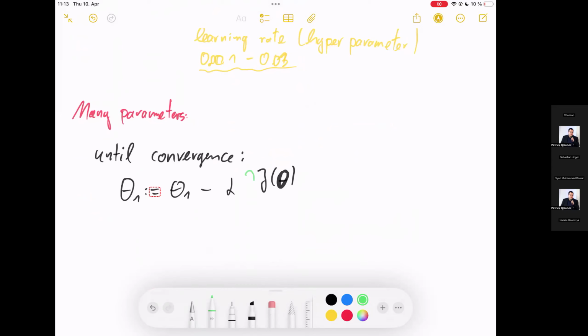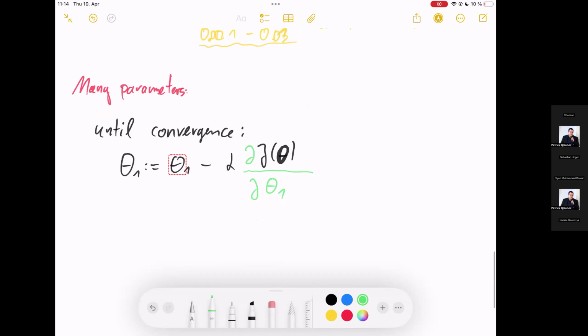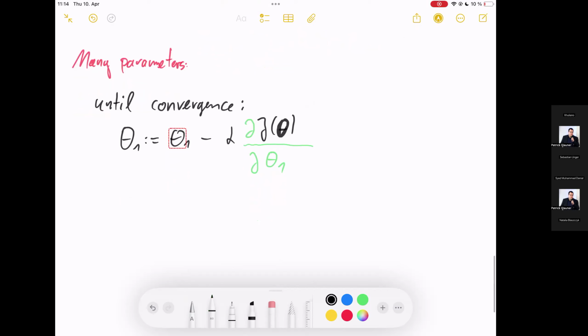Rather, I need partial derivatives. So I need to see how that function of multiple parameters keeps changing along our specific parameter. And I keep doing this not just for parameter 1, but say I have n many parameters.